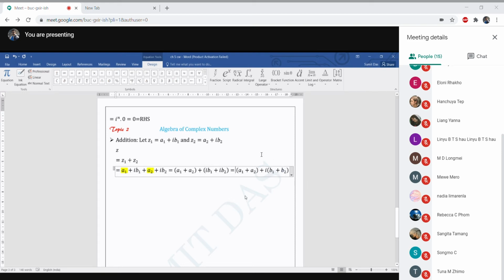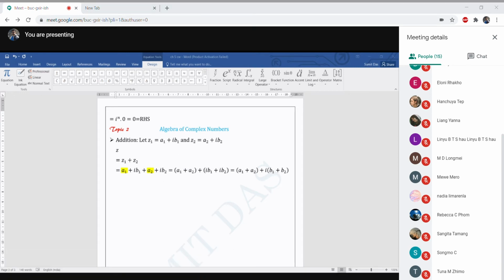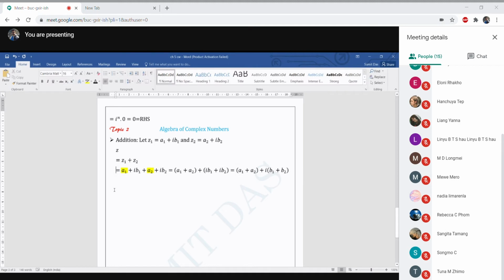From here if you just take common the i, you will get a1 plus a2 plus i into b1 plus b2. So what you can see, always we have to add the real part together and the imaginary part together, okay. Similarly, so let me discuss some properties of addition.